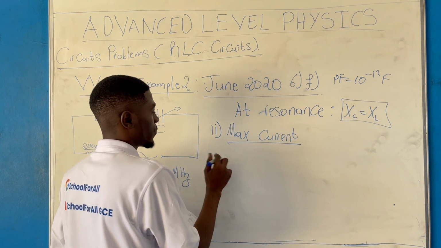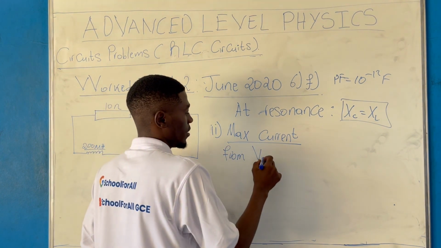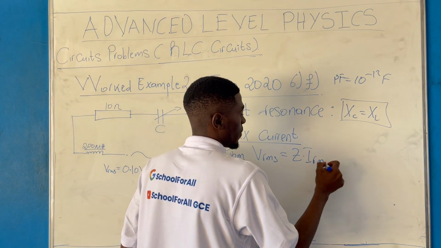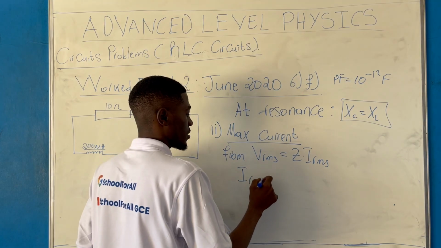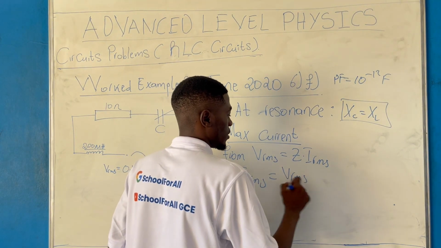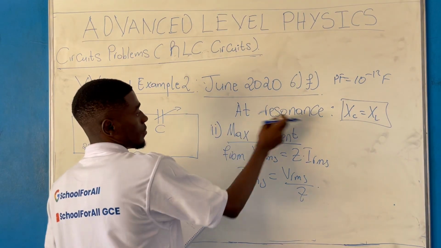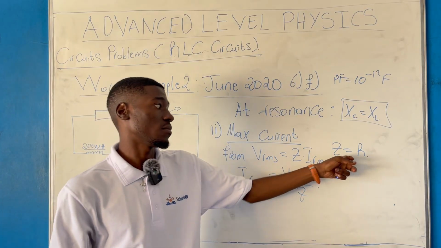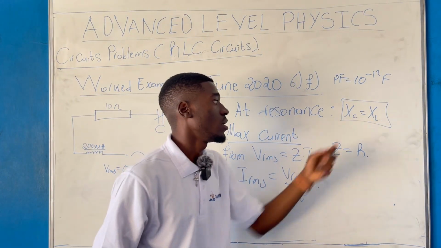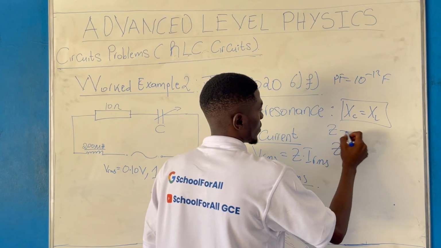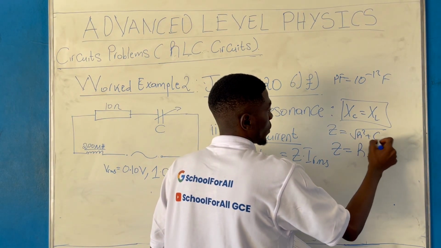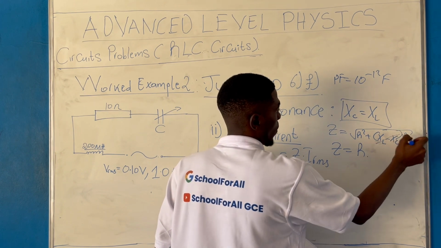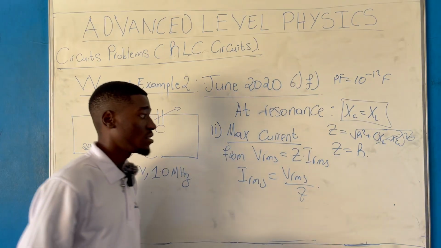From VRMS equals Z times IRMS, I make IRMS the subject: VRMS divided by Z. Remember, at resonance Z is simply equal to R, purely resistive, because XL and XC are equal and cancel out in the formula Z equals the square root of R squared plus (XL minus XC) squared. If these two are equal, I will have 0 there, so the impedance of the circuit is simply equal to R.